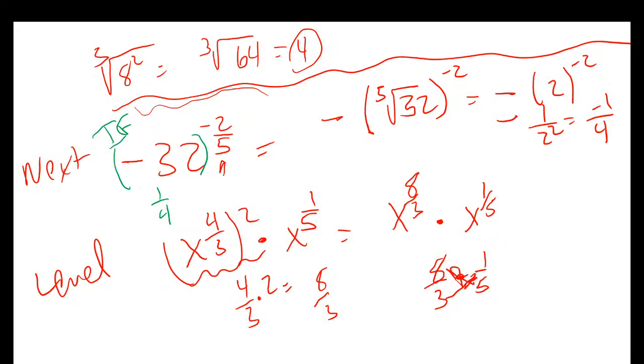Multiply up, multiply over. 40 plus 3 over 15. So this is x to the 43 over 15. Great job, Cayenne. Excellent work. Up, over. Up, over. We use it all the time.